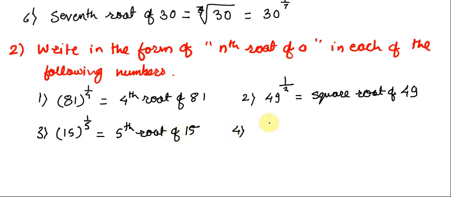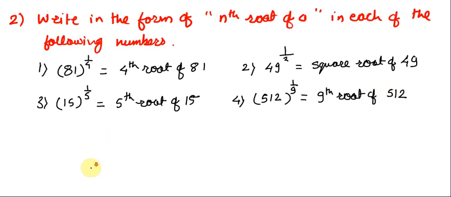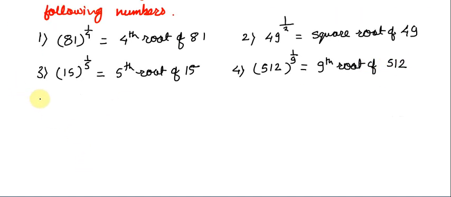Fourth problem is 512 raised to the power 1 by 9. So look at this 9. So ninth root of 512. It's so easy. And fifth one is 100 raised to the power 1 by 19.